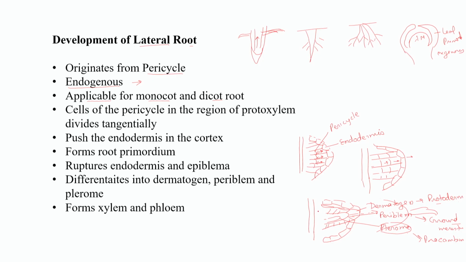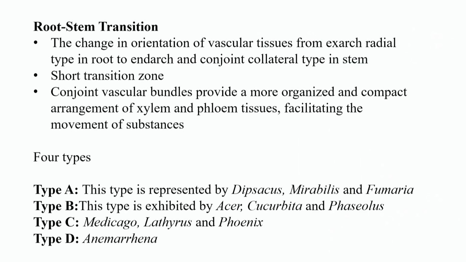So in this way, the lateral meristem will be formed, and this will give rise to lateral root. So this was how a root in dicot as well as in monocot plant was developed, and we have also discussed how lateral roots originated.